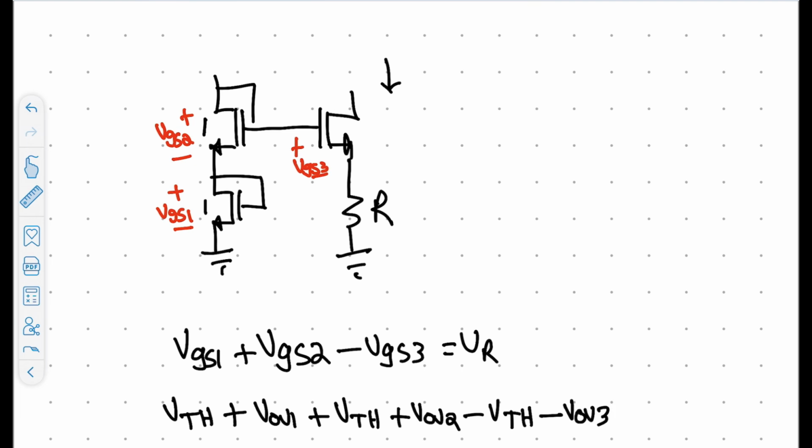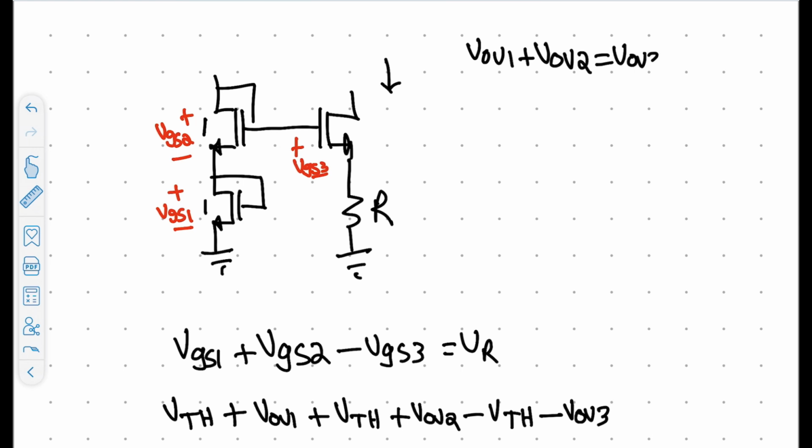Now we need to size VOV3 such that VOV1 plus VOV2 is equal to VOV3.